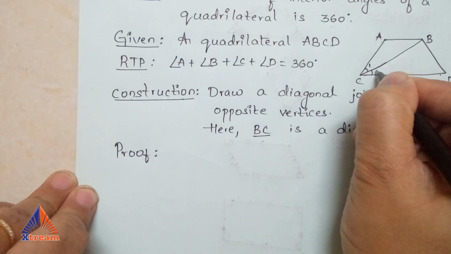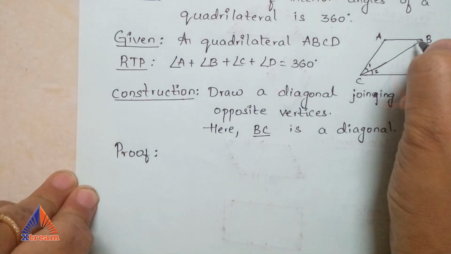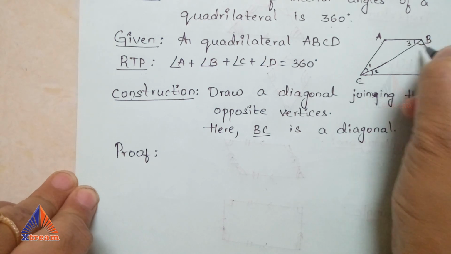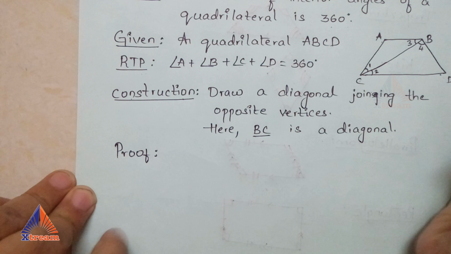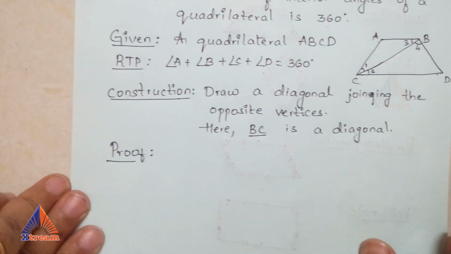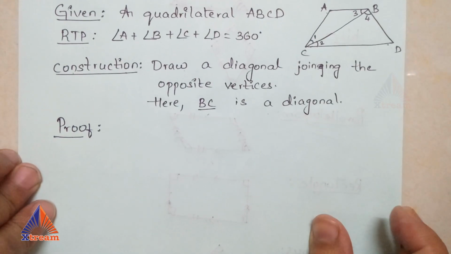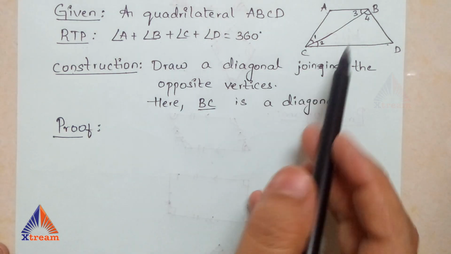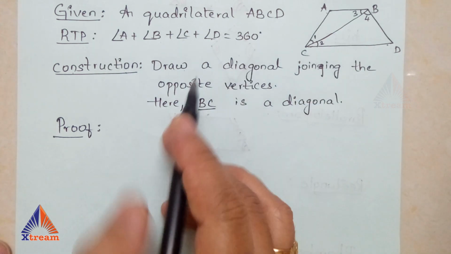So I name it as angle 1 and angle 2. And angle B also divided into two parts. I'll take it as angle 3 and angle 4. Okay. So as I mentioned earlier, we are going to take the help of sum of three angles in a triangle is equal to 180 degrees. We are going to take help of that and prove that angle sum property of the quadrilateral.